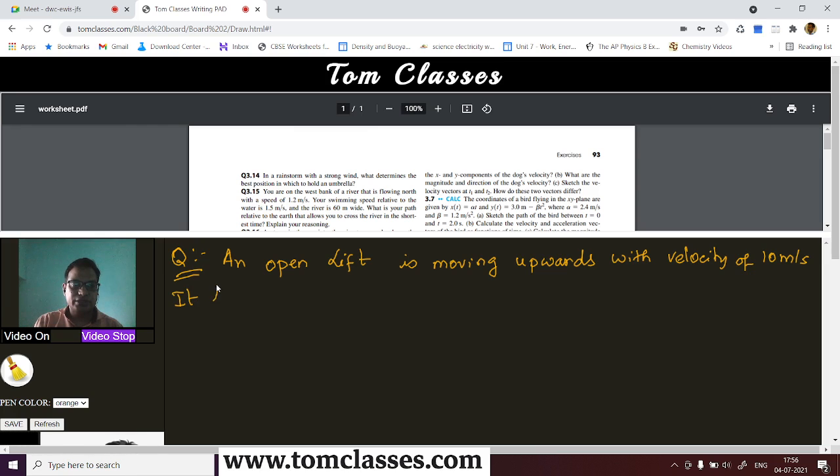It has an upward acceleration of 2 meter per second square, right?